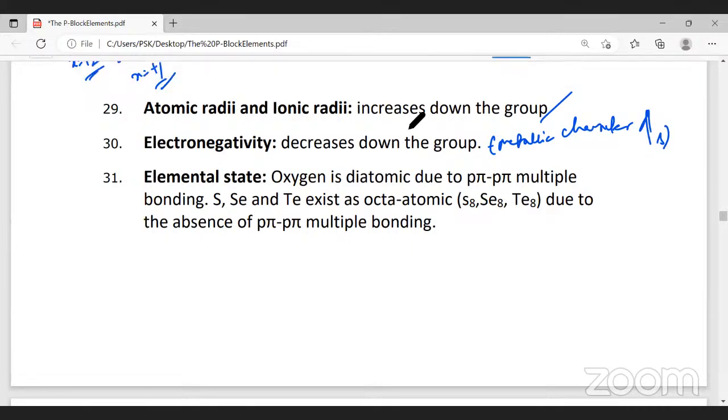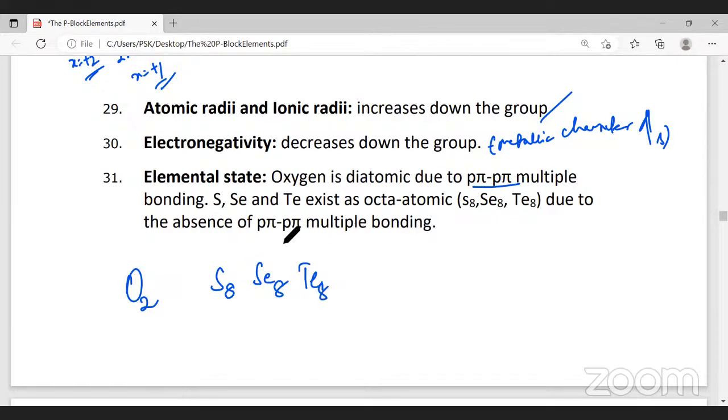Now, the next property is elemental state. Oxygen exists as O2, diatomic, due to the presence of p-pi multiple bonds. Sulfur exists as S8. Selenium exists as Se8. Tellurium exists as Te8 due to the absence of p-pi multiple bonds. So sulfur, selenium, and tellurium exist as octaatomic elements.